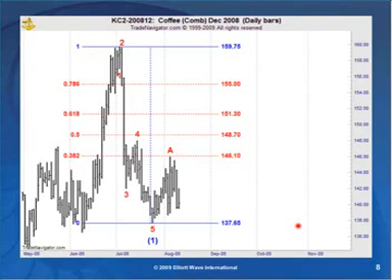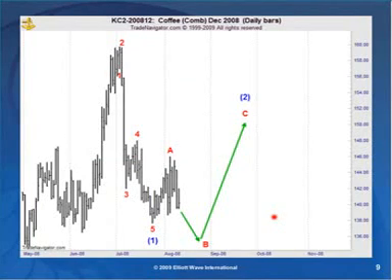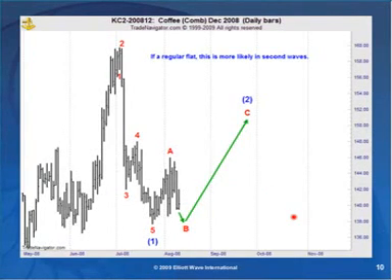Well, is it going to be a regular flat or an expanded flat? One of the scenarios is right here, an expanded flat. The B wave may come down in this area and then shoot up in wave C. Here's another possibility.